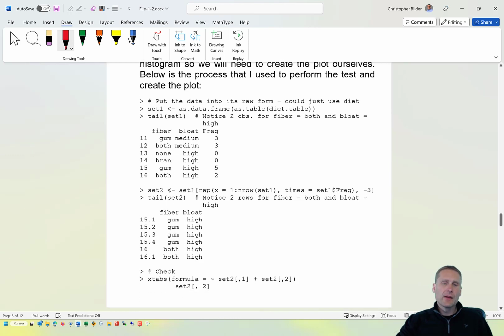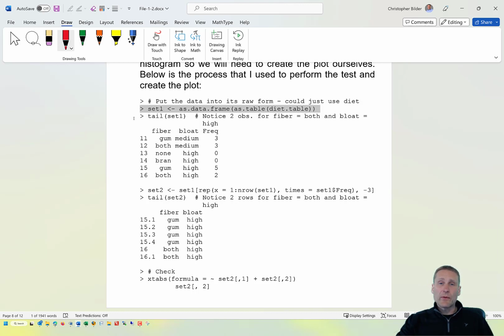Okay. So to do this, I need to take my contingency table, which was diet.table, change it over to a data frame once again. I could have just started with my original data frame diet, but I decided to show you the process here in case you ever run into a situation where you only have the contingency table.